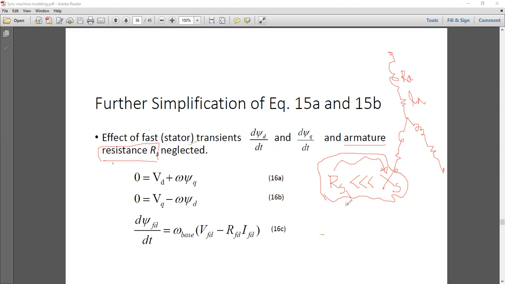S means stator, so it can be coil A, coil B, or coil C. For all the 3-phase coils, we generally design the coils in such a way that this RS value is much, much smaller than the corresponding inductance values. Why? No one? Oh, this is basics.